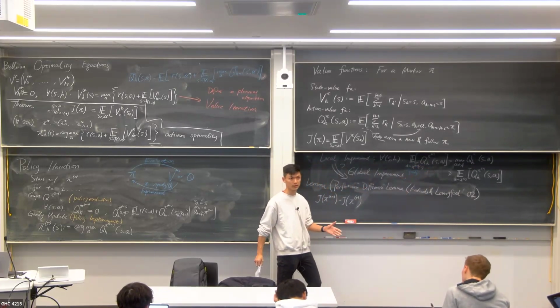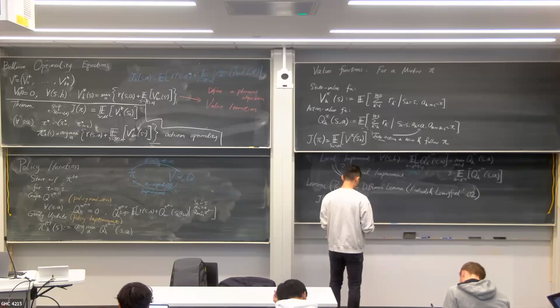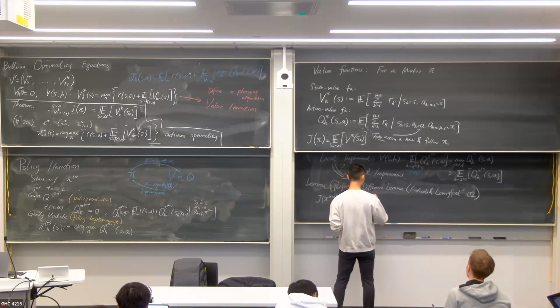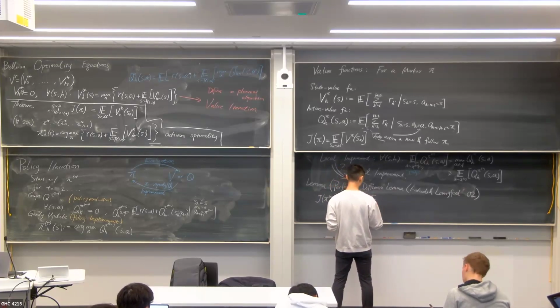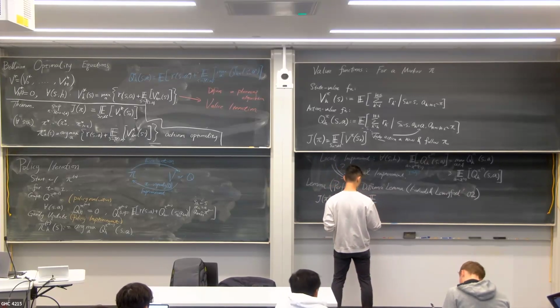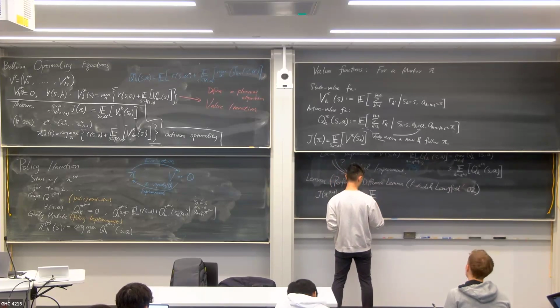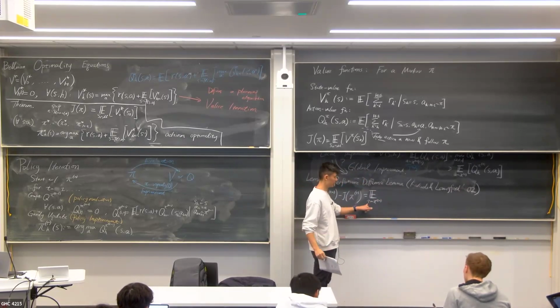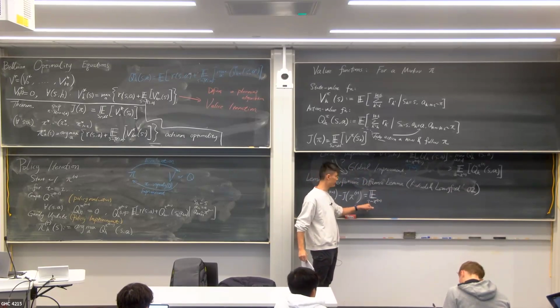That's the thing you really should care about. This can be written as some quantity. I'm going to use this tau to denote the trajectory generated by pi t plus 1.